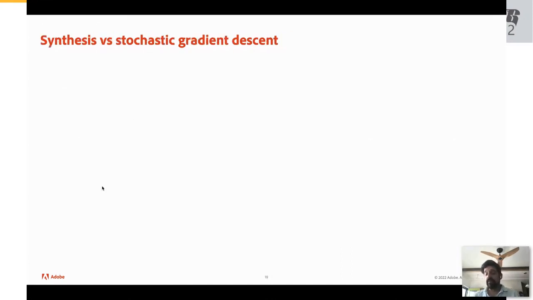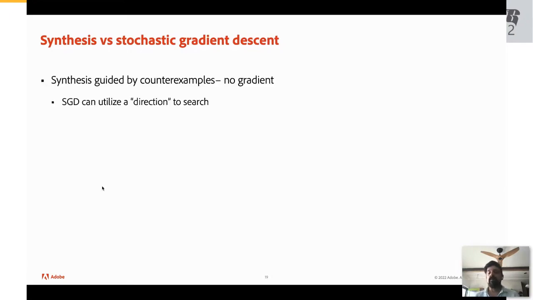So you might be thinking, what is the difference between program synthesis and machine learning in our convolutional neural network sense, where we have stochastic gradient descent doing the search? The major difference is that synthesis is guided by counterexamples. There's no gradient, so you don't have a direction where you are guaranteed to make progress.